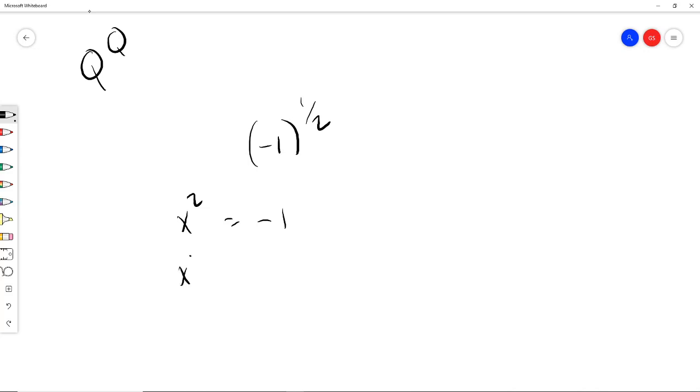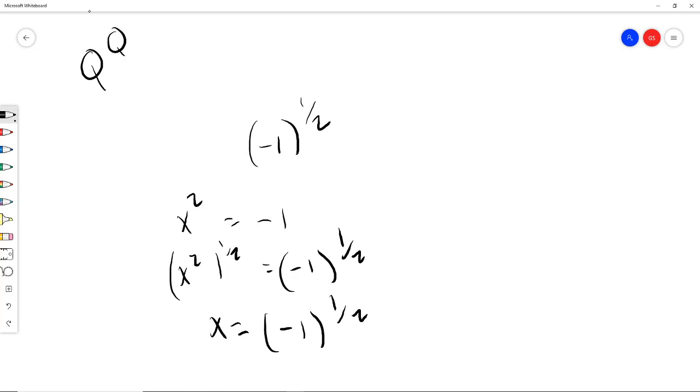You have x squared to the 1/2 is equal to -1 to the 1/2. Thus, you have x is equal to -1 to the 1/2. So what this is saying is, what number squared gives you -1, and that doesn't exist. And this is the motivation for complex numbers: you're going to run into this problem with exponentiation.